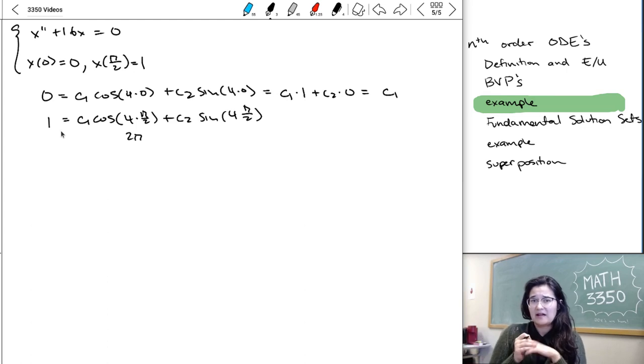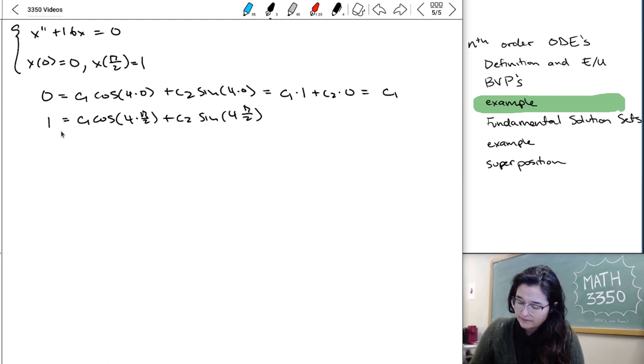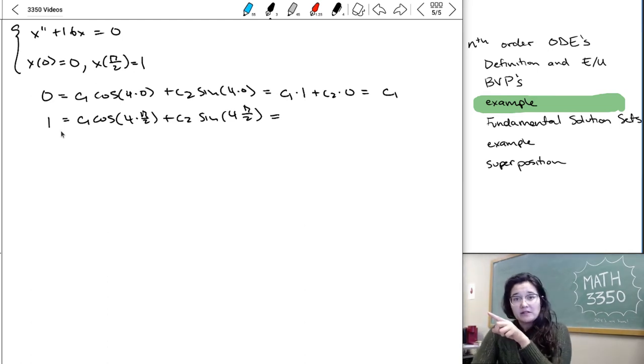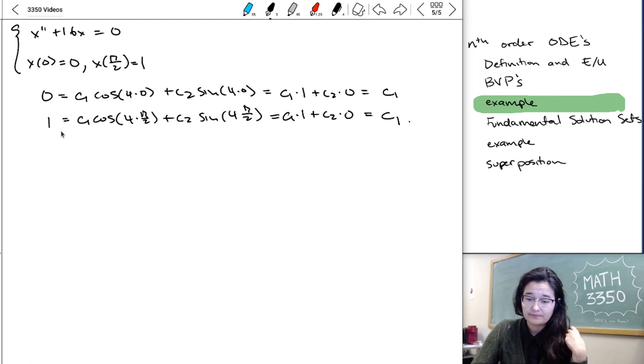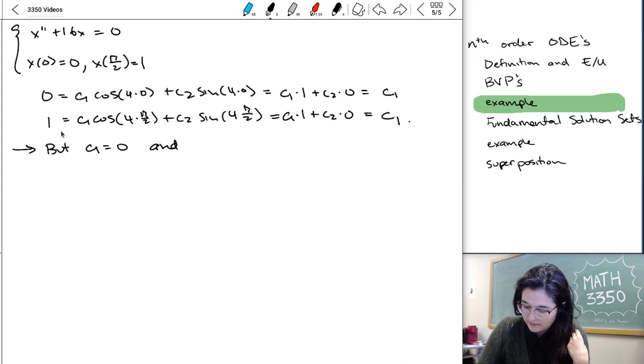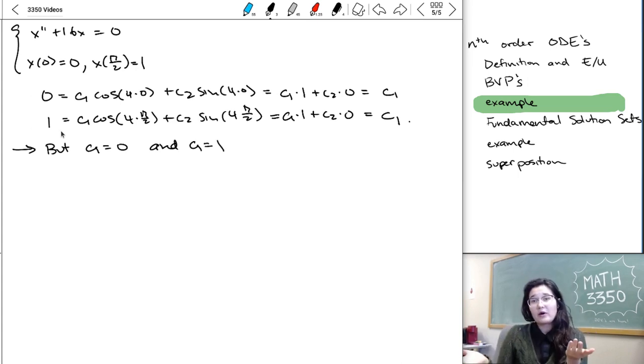Make sure that you fix that if you were copying it down as I wrote it. And since it's 2 pi, we've gone back around the unit circle, so we still get c1 times 1 plus c2 times 0 is just c1. But now I have the requirement that c1 equals 0 from the first condition, c1 equals 1 from the second condition. That can't happen.